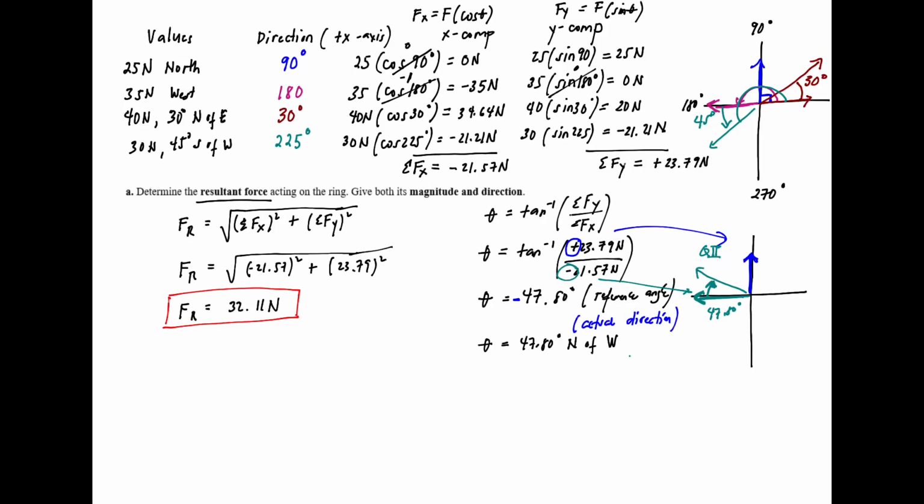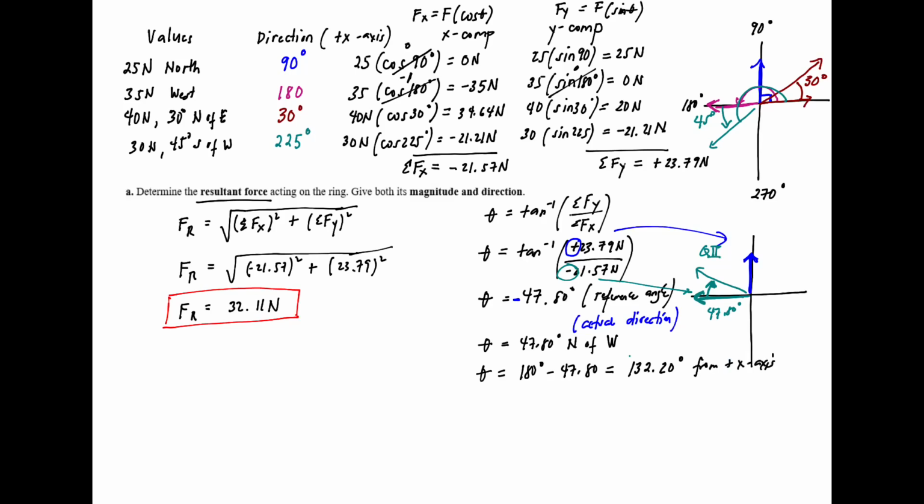Or if you want the north of east, the angle can be expressed as 180 degrees minus 47.80, and that is 132.20 degrees from the positive x-axis.